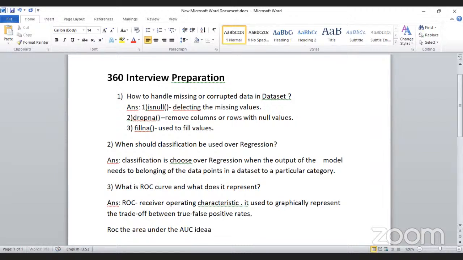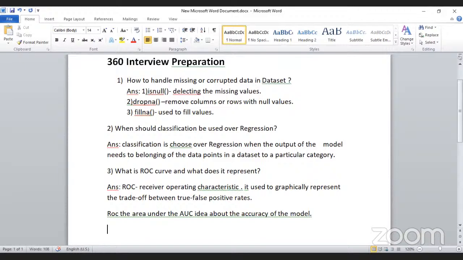It gives an idea about the accuracy of the model, how our model is working.